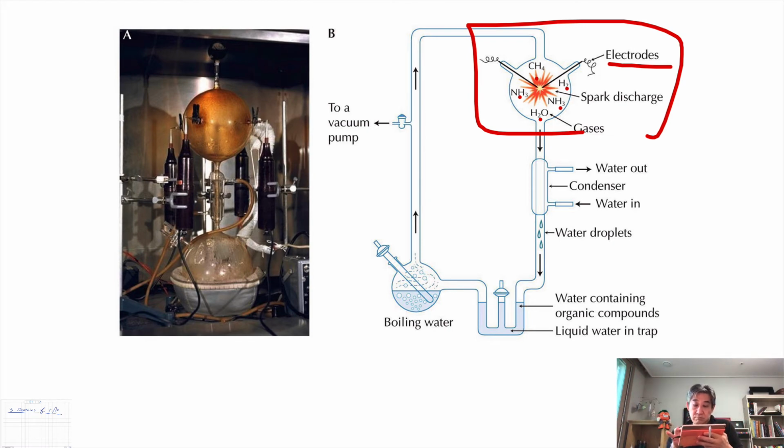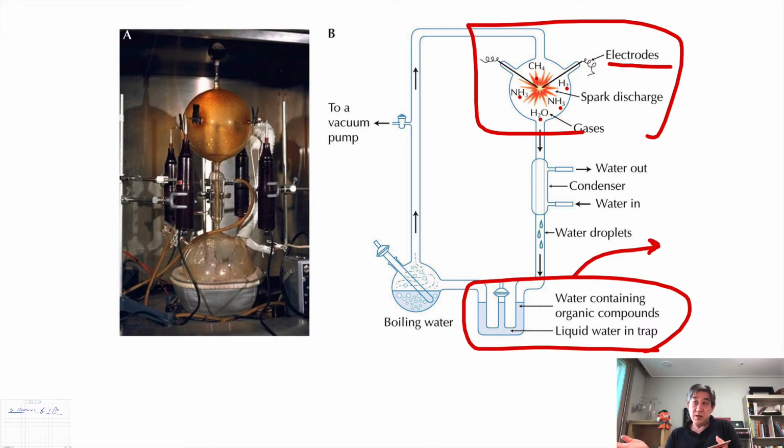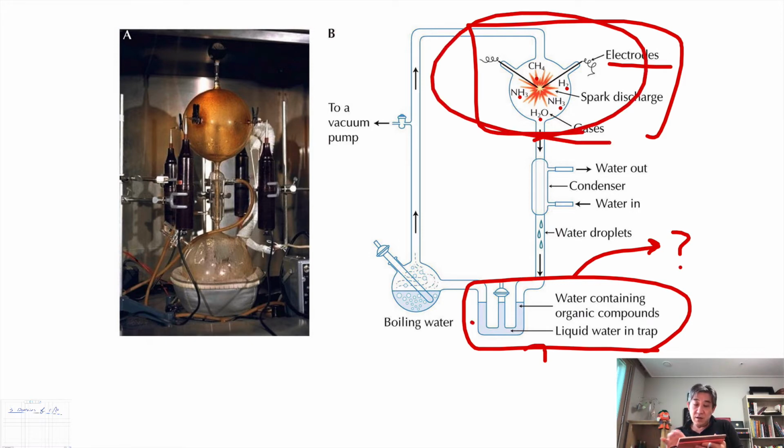And then he collected the cooled down product at the bottom here, and examined it to see whether, since the starting material was all gases, he would be able to collect some magic wonder component of organic monomers. That was the purpose of this experiment.